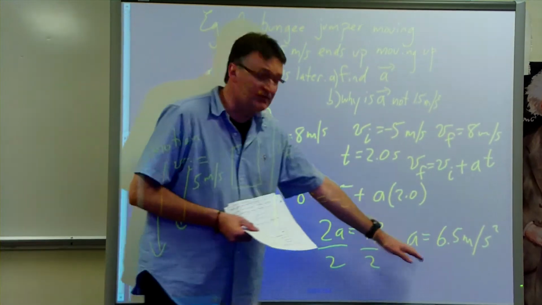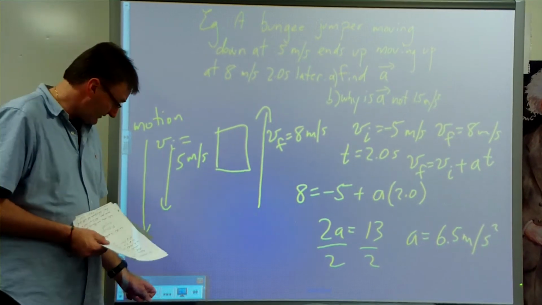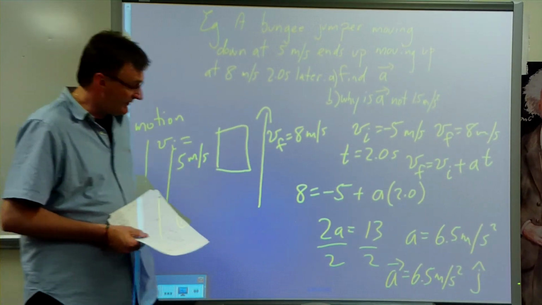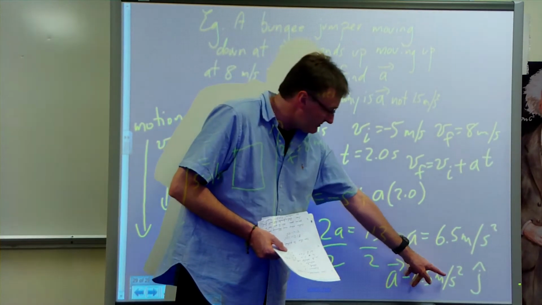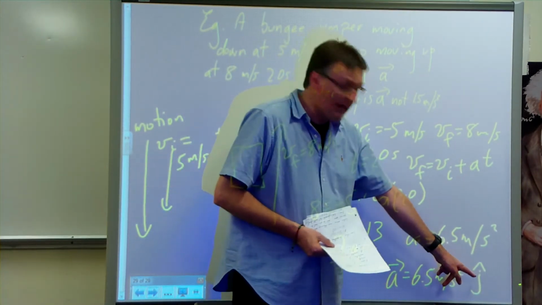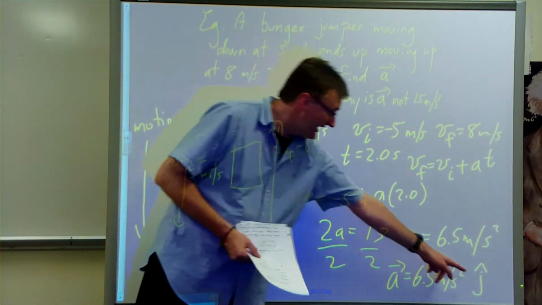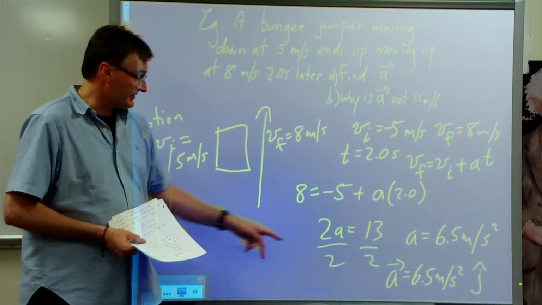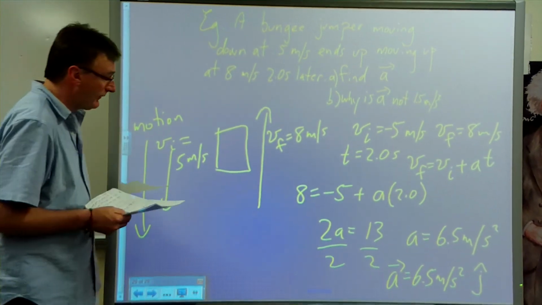But for your final answer, make sure that you indicate direction, and we'll write it this way. So the acceleration then is positive 6.5 meters per second squared, and just like we use the i symbol for the x direction, we use the j symbol for the y direction, so this would be your final answer.